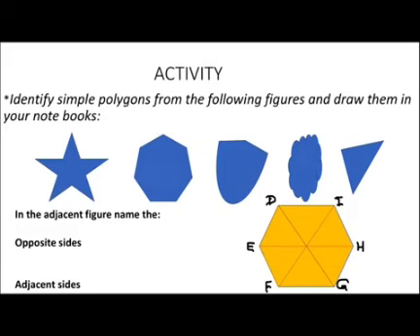In the previous activity, it was a quadrilateral. So you got opposite sides and adjacent sides. You all labeled them. Okay, now in this figure, which has 6 sides, let us name all the opposite sides and all the adjacent sides. Okay, can you start?